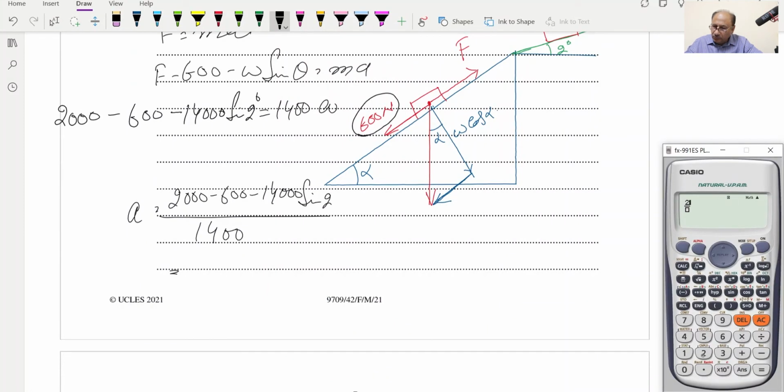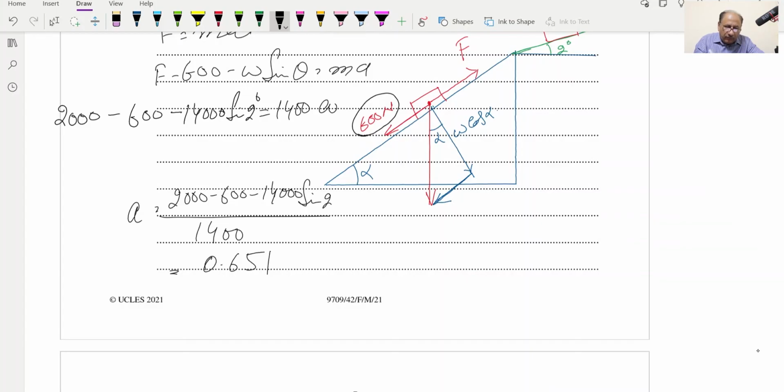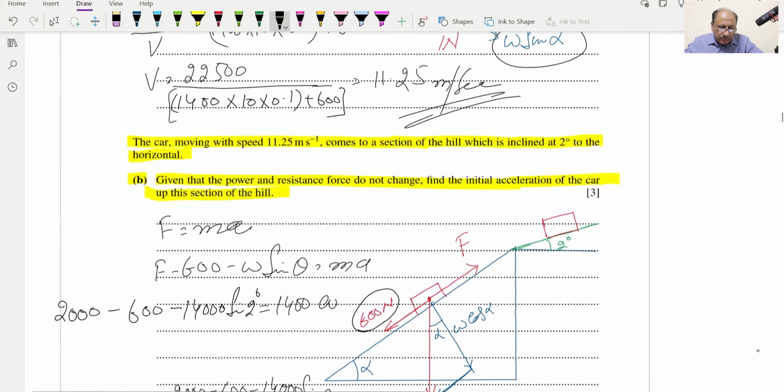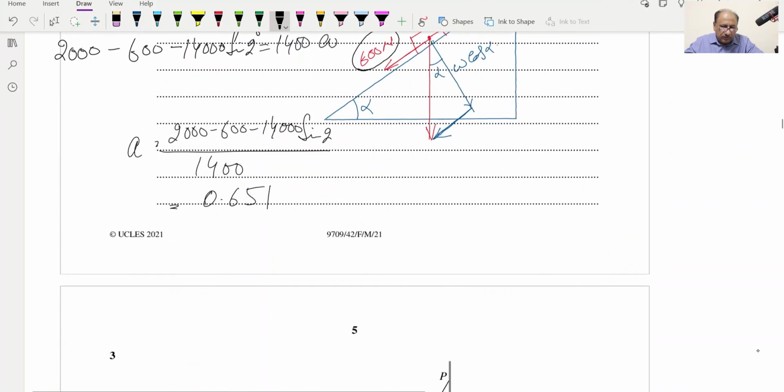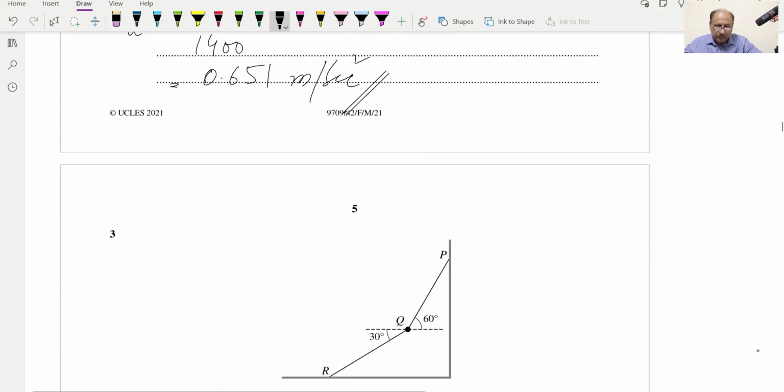So it will be 2000 minus 600 minus 14,000 sine of 2 over 1400, and this will be equal to 0.651. They have not written it, but we will be giving it to 3 significant figures. So meter per second square, because this is acceleration. We are done with this.